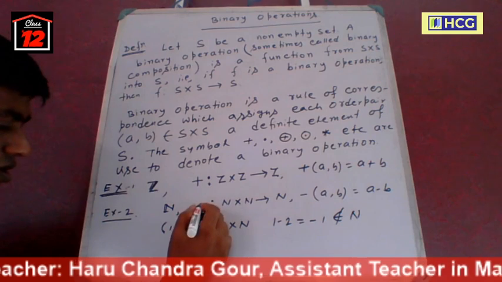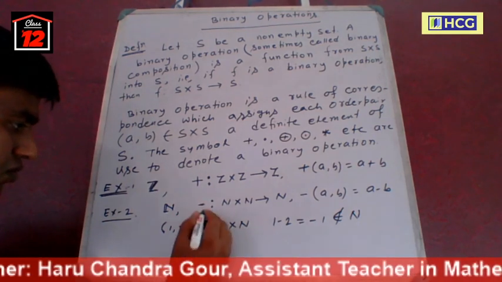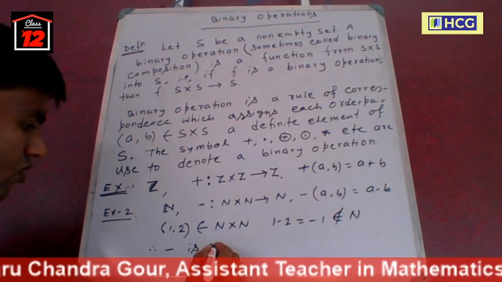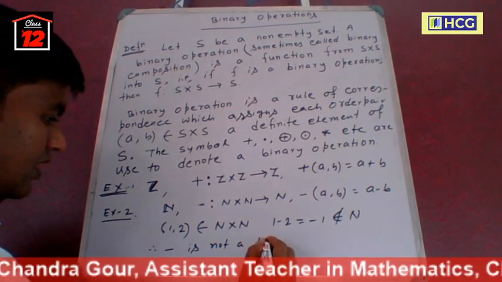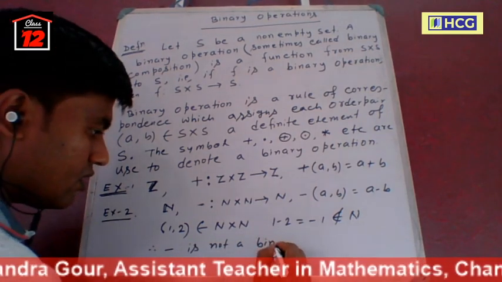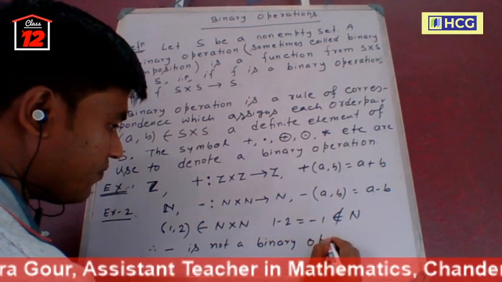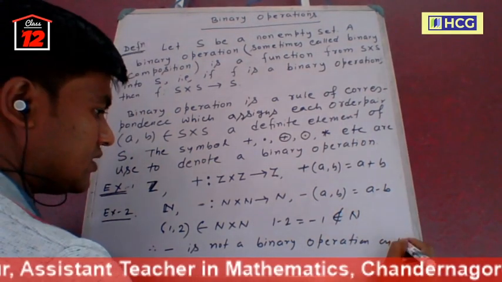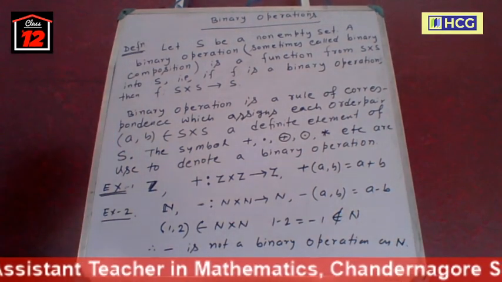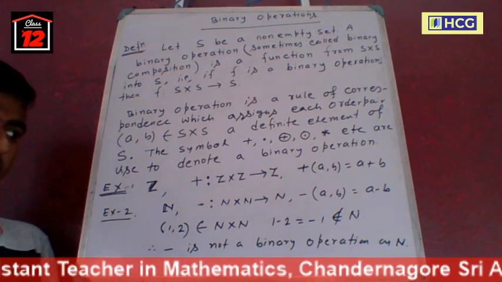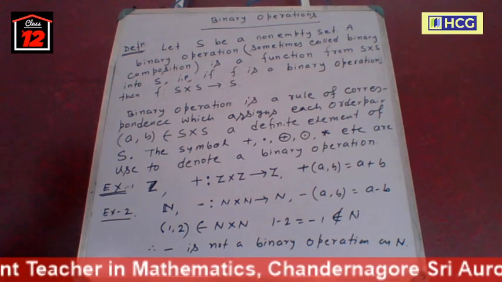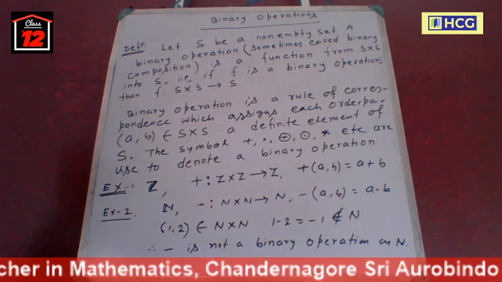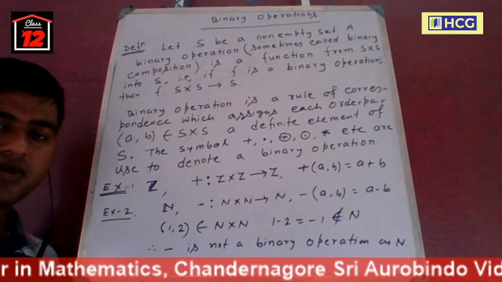So therefore this is not a function. So this is not a binary operation on natural numbers. So usual addition is a binary operation on the set of all integers, and usual subtraction is not a binary operation on the set of all natural numbers.